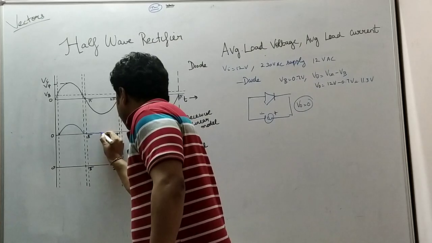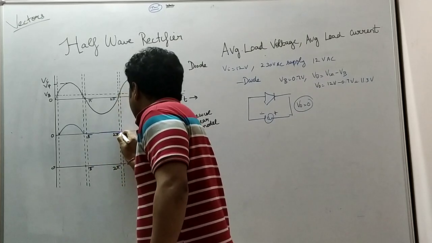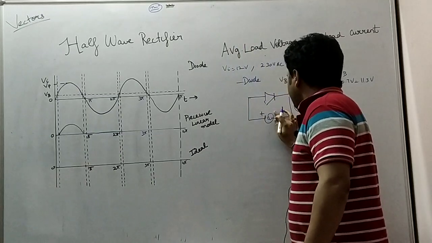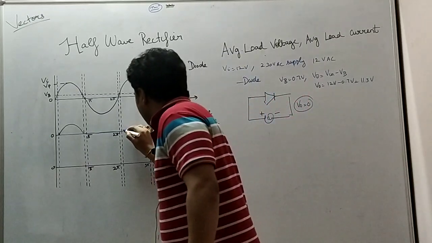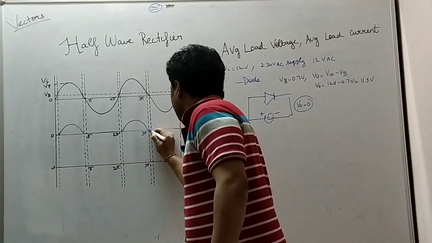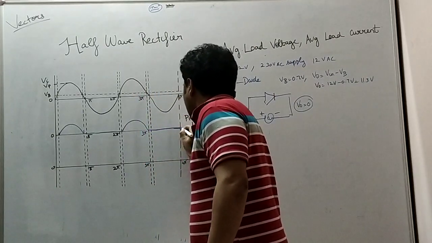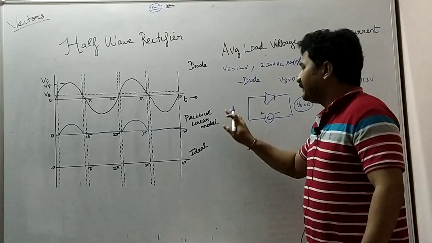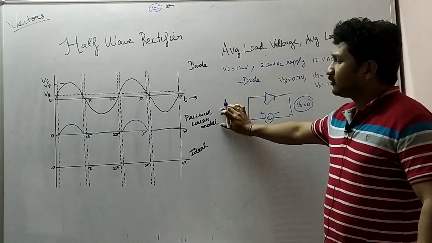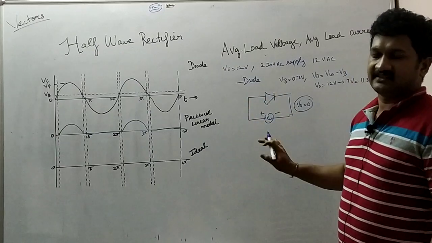So the waveform flattens out at this region up to this. Again it turns to positive half cycle. Again we get 11.3 volt. So this happens in a piecewise linear model of the diode. When we consider the actual practical diode, this will be the case.